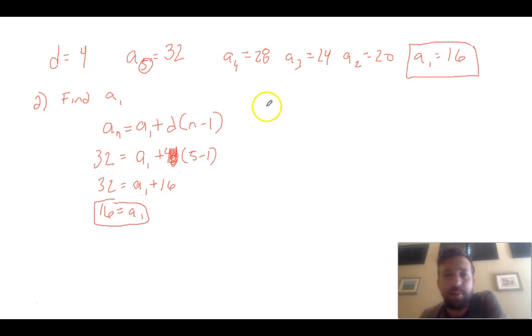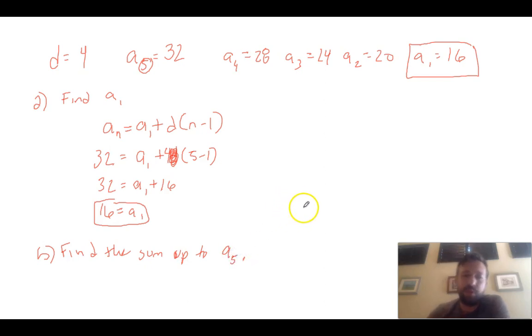Okay, my second question, part B of this, was find the sum up to the fifth term, a sub 5. So we're using that same thing we did before. I'll do the work over here because I do not have enough space down there.